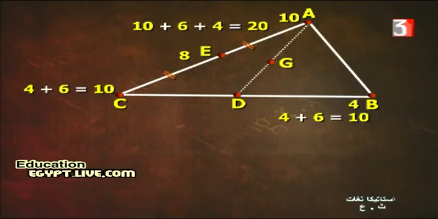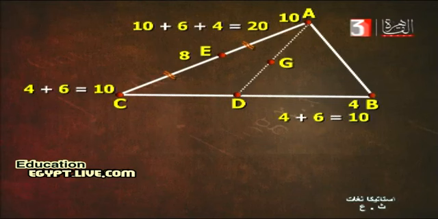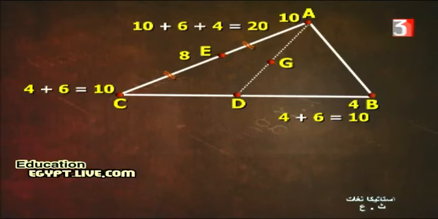We divided the mass of the lamina of triangle ABC into 3 equal masses, each one equal to 6. And we divided the mass at E, which is 8, into 2 equal masses, 4 and 4.